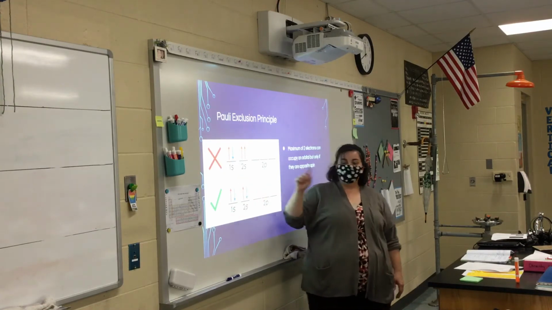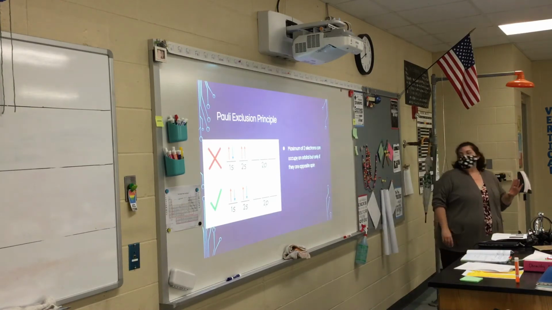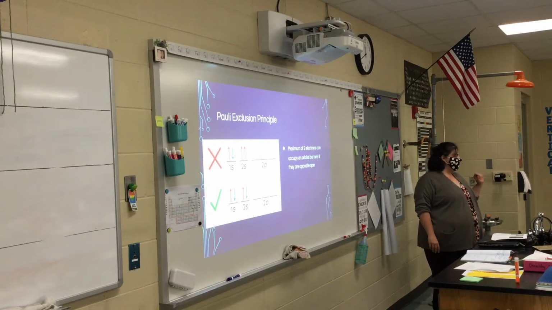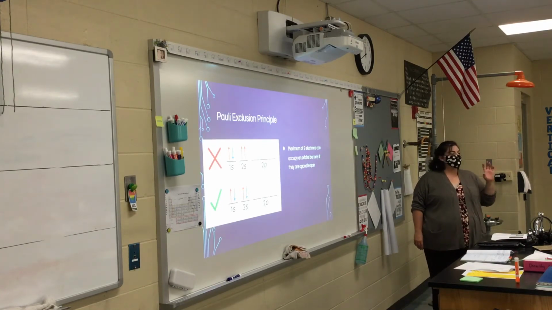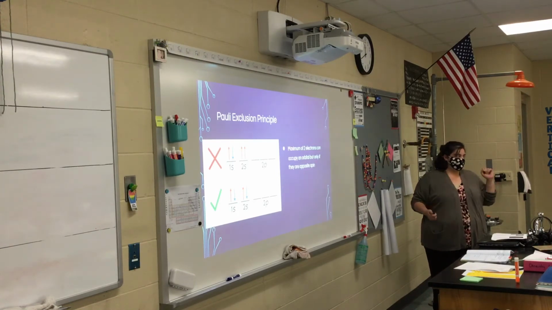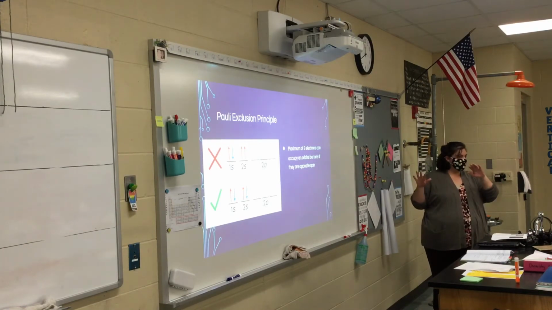The correct way to do it would be 1 up, 1 down. So, Pauli's exclusion principle says that whenever you have 2 electrons in an atomic orbital, you must have them spin paired, which means one's up and one's down. And up always comes first. We good with that one?